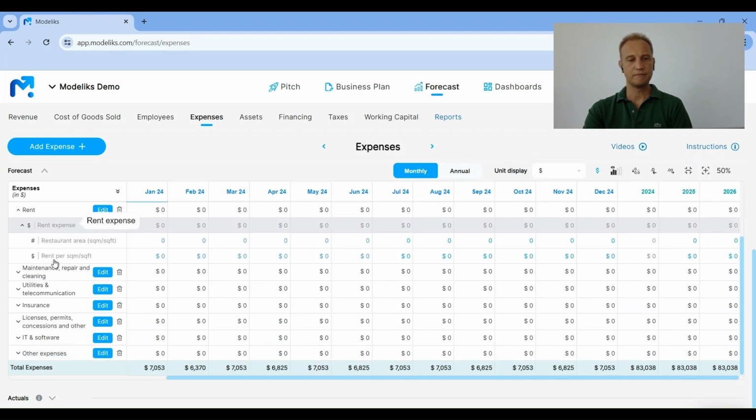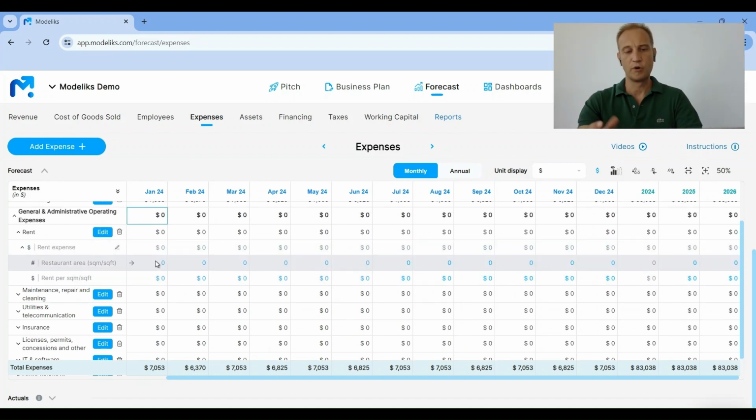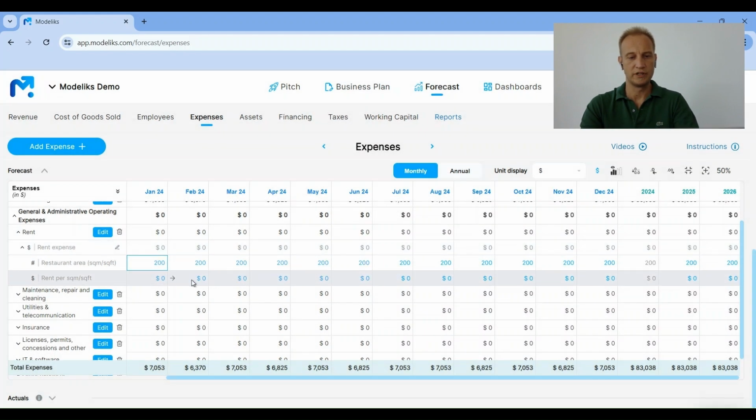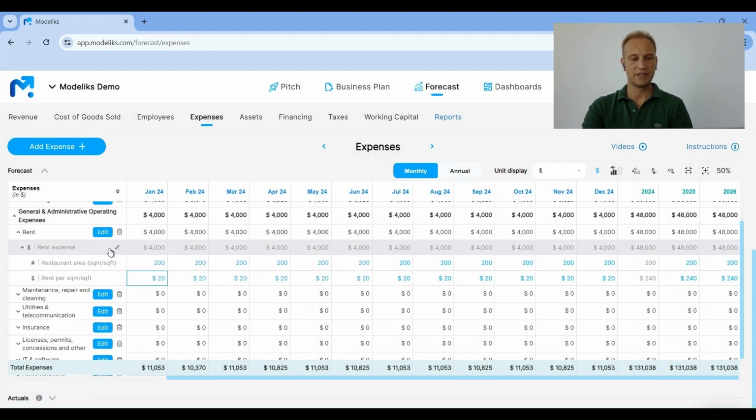Rent expense, usually calculated per square meter. So we have our restaurant that is about 200 square meters. And the price that we pay per square meter is, say, $20. Now our rent expense has been calculated.